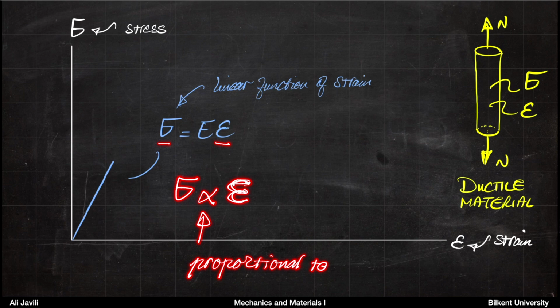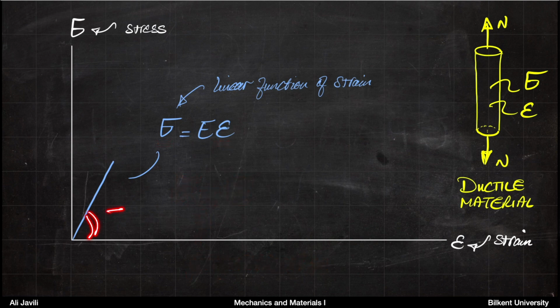And that proportionality factor is E. Okay, so if you assume this is an angle alpha, then E would be something like the tangent of that alpha. Also you have seen this particular relation before, and maybe you remember we call this elastic modulus or Young's modulus. But what gets interesting here is that if you have a ductile material, then this behavior does not remain linear like this. So it gets more interesting, and we want to talk about what happens after this step.